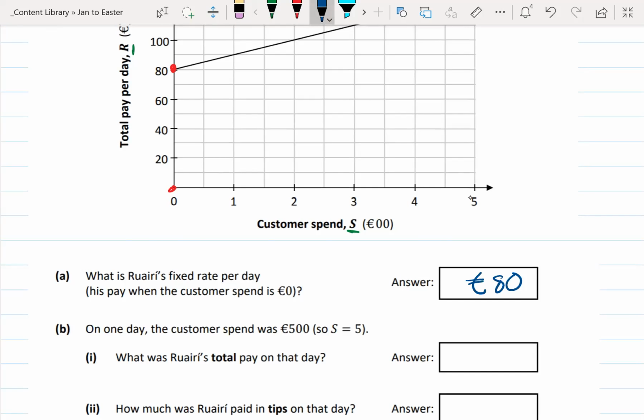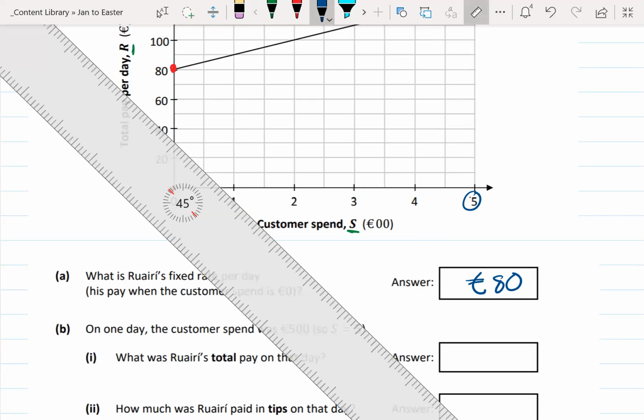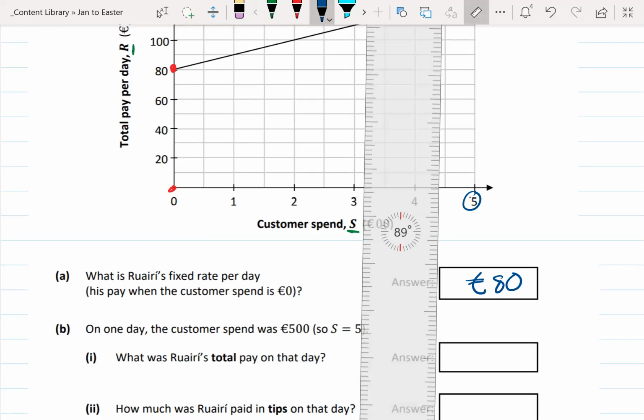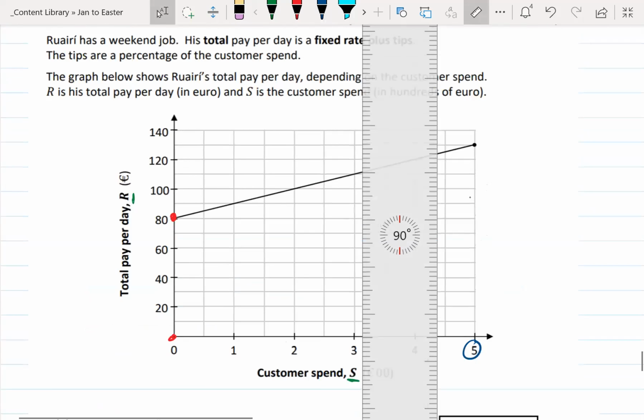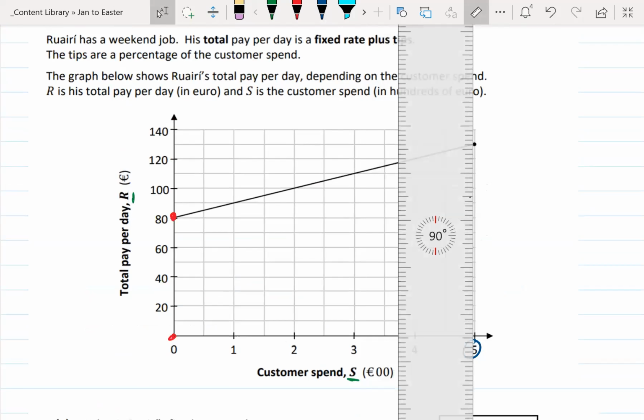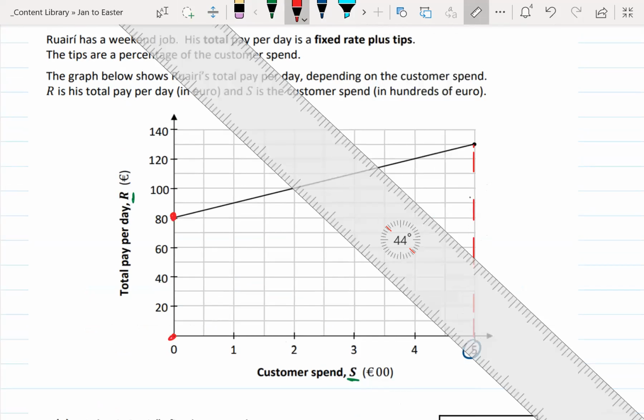Next question. On the day that the customer spend was 500 euros, so that's where S equals 5, what was Rory's total pay on that day? Well, we just have to get our ruler here and look up. You can draw a dotted line if you wish, until you hit the line, and then you take a reading all the way across.